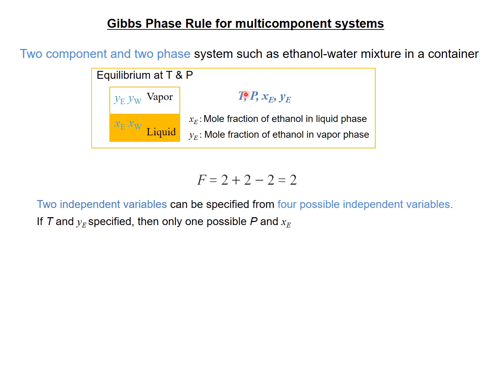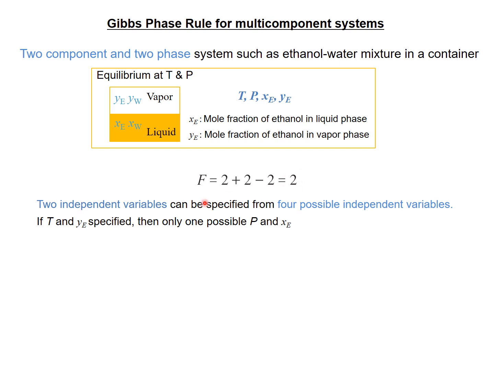Let me check the degrees of freedom by using the Gibbs Phase Rule. F is equal to the number of components, here 2, ethanol and water, plus 2, minus the number of phases, so 2 phases, so it is going to be 2.